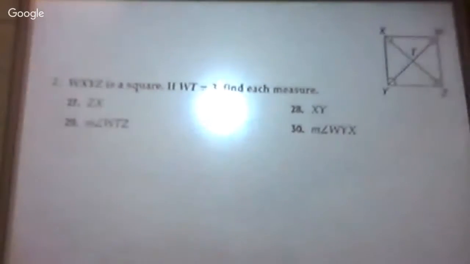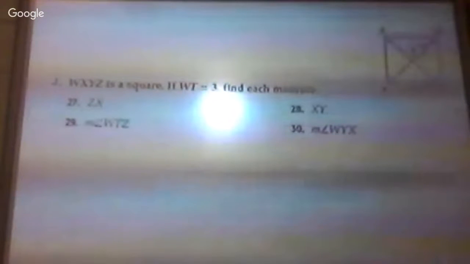All right, then number 2. WXYZ is a square. WT is 3. Find each measure. ZX. Well, if this one's 3, this one's 3, so the whole thing is 6, so the other side is 6 as well. XY.